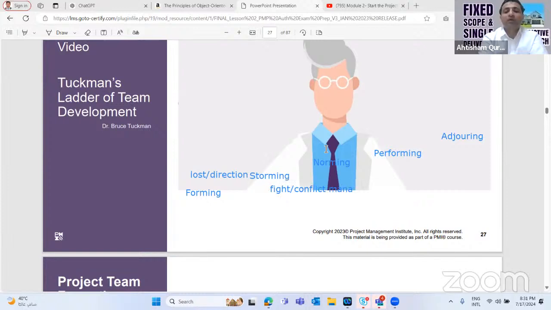If you ask me what will be the characteristic for the norming stage, norming means normal. We agreed that we have differences, but we decided to move on with those differences. We agree on the agreements and we agree on the disagreements, that we do have some disagreements, but for the project's sake, we are not bringing those disagreements.